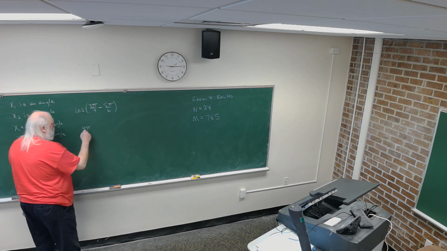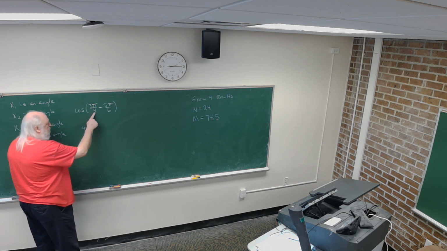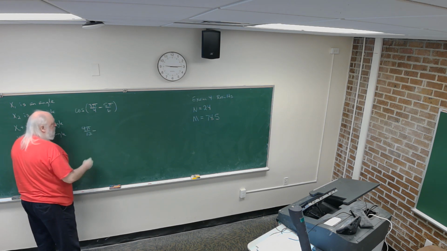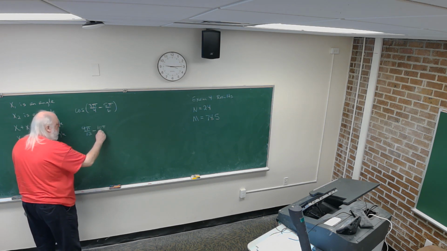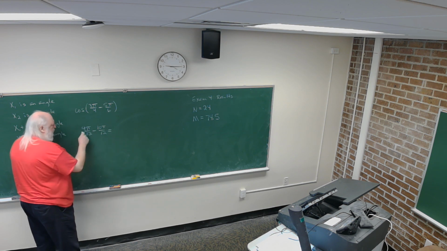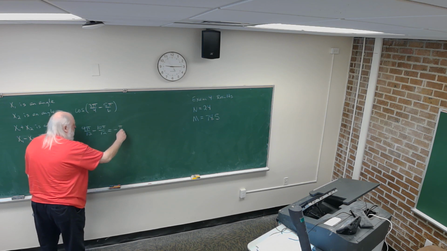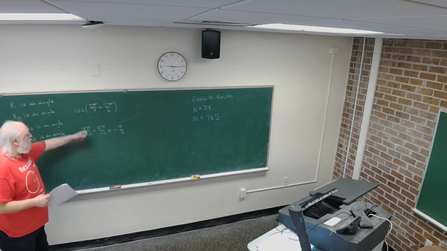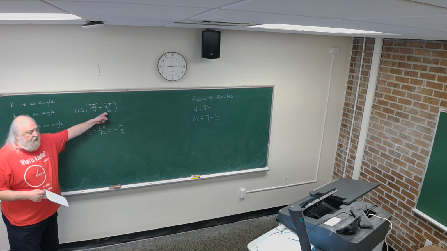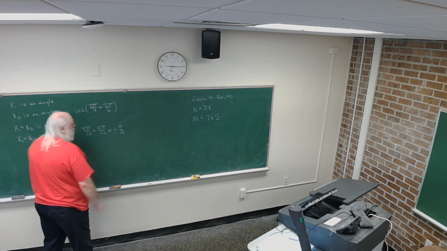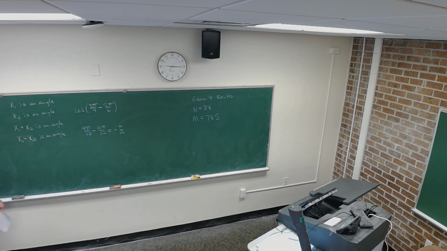So 3 pi over 4 can be written as 9 pi over 12. 5 pi over 6 can be written as 10 pi over 12. And 9 pi minus 10 pi is minus 1 pi. So the angle 3 pi over 4 minus the angle 5 pi over 6 equals the angle minus pi over 12. Right? So you can take two angles, subtract one from the other, and get a third angle.